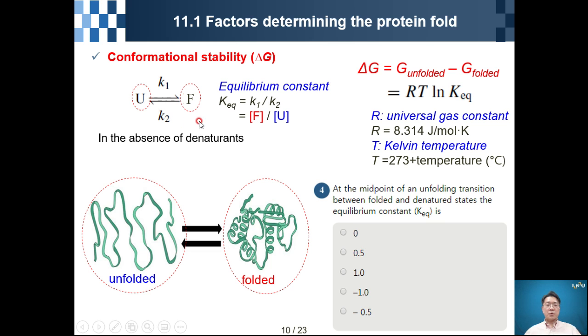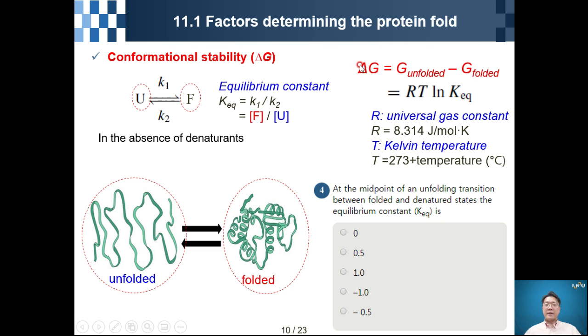That's why the equilibrium constant KEQ is K1 divided by K2. KEQ can also be expressed as the concentration of the folded protein divided by the concentration of the unfolded protein.